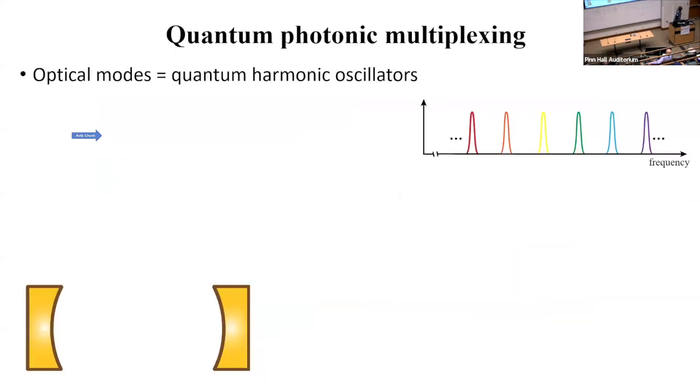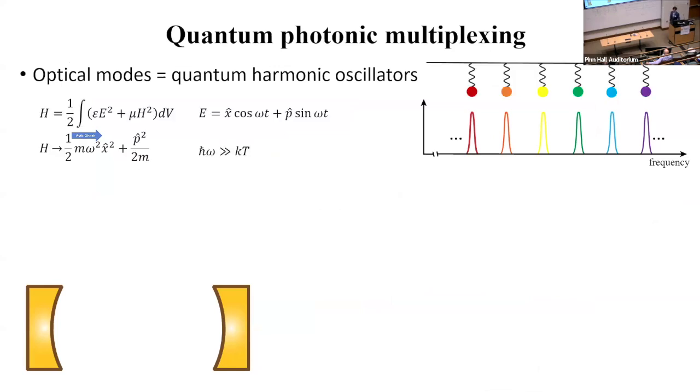Now we look at this Fabry-Perot cavity and see how it looks in the quantum world. In the classical world, light can be trapped inside this cavity at certain frequencies. But if you do a quantization of it, all these modes look exactly like a harmonic oscillator.